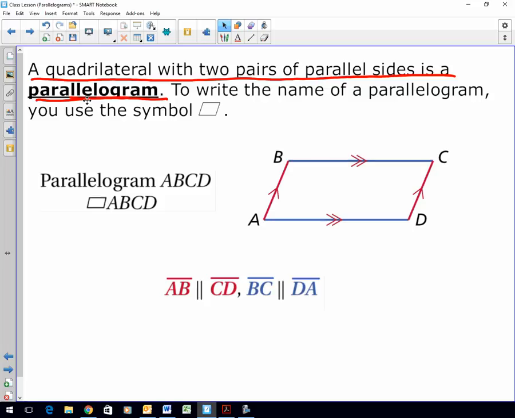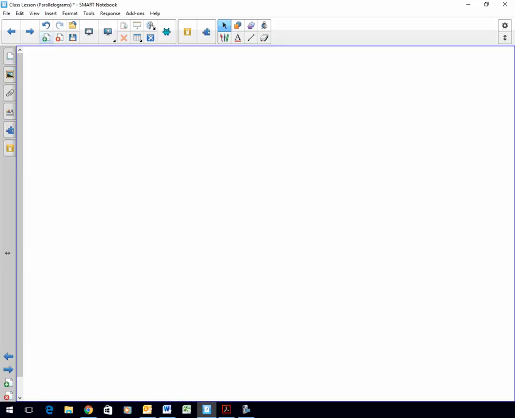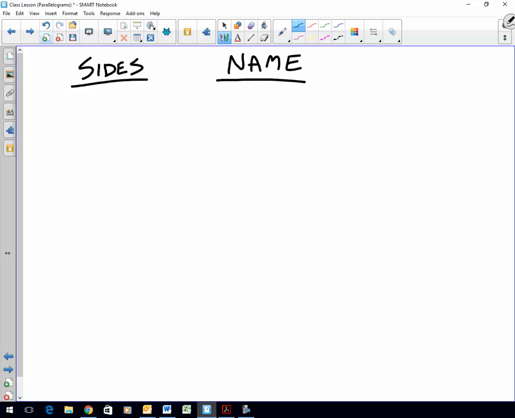I'm going to give you a hint about what's to come. Usually it helps when I give this hint. Polygons with three sides, what do we call them?